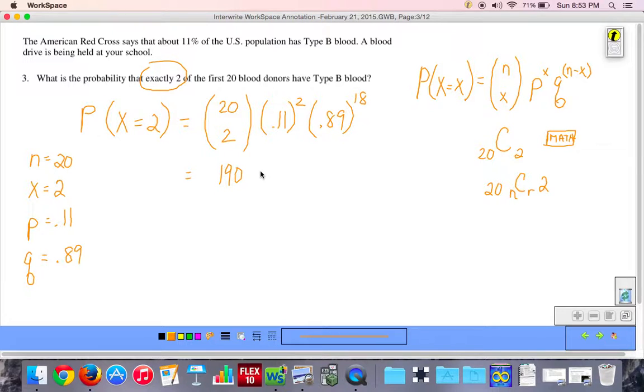So it would be 190 times 0.11 squared, which is 0.0121, times 0.89 raised to the 18th power, which is 0.1227.